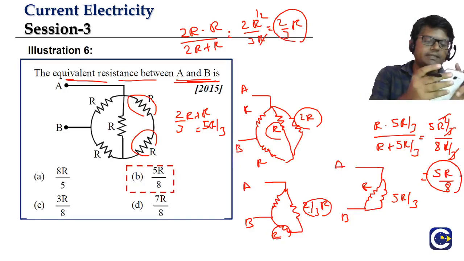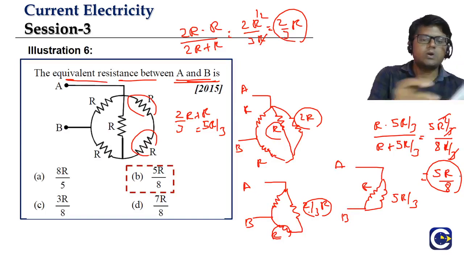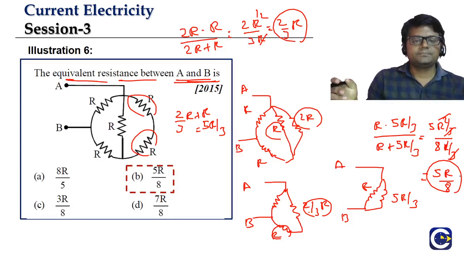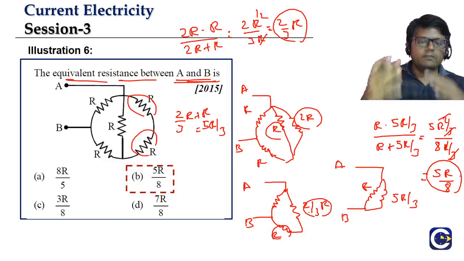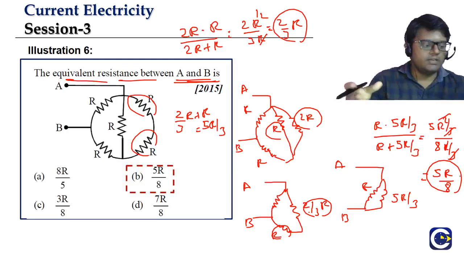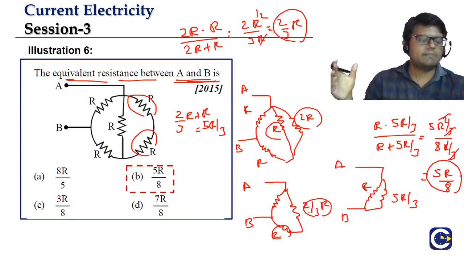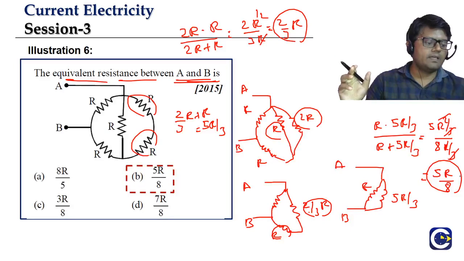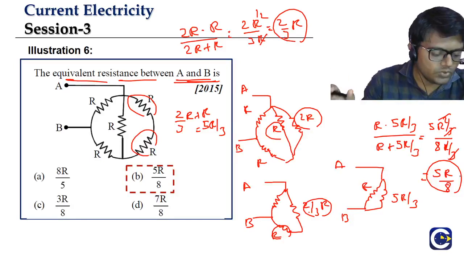So check how many of us are able to get the answer. The equivalent resistance value must be 5R by 8. So this way we will be able to simplify the circuit step by step, seeing where we have the series combination, where we have the parallel combination, and then do it.